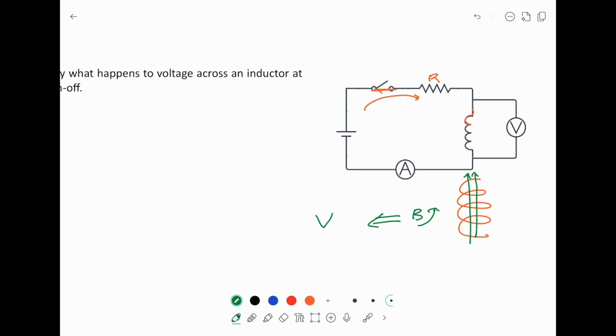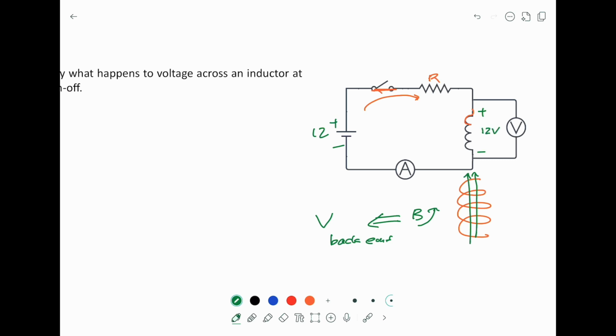Why do we call it back EMF? Because this voltage will oppose the source voltage. For example, if this is 12 volt, positive and negative, at the moment when you close the switch, this will be positive, this will be negative, and you also develop a 12 volt.